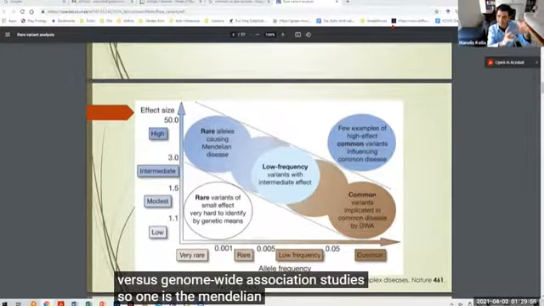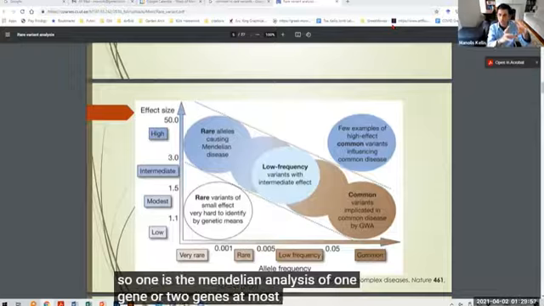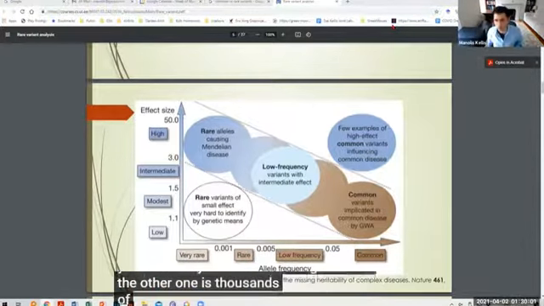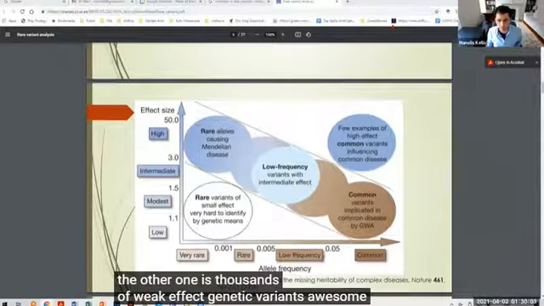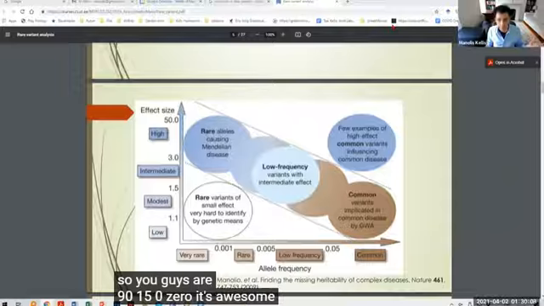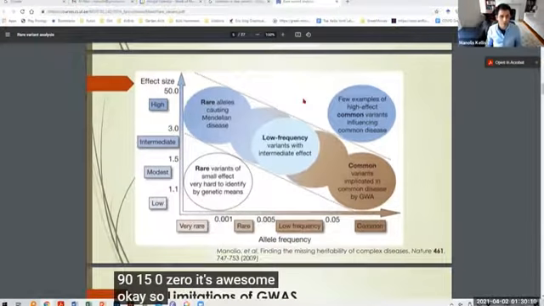So one is the Mendelian analysis of one gene or two genes at most, or very small number of genes, and the other one is thousands of weak effect genetic variants. Awesome. So you guys are 90, 15, 0, 0, 0. That's awesome.